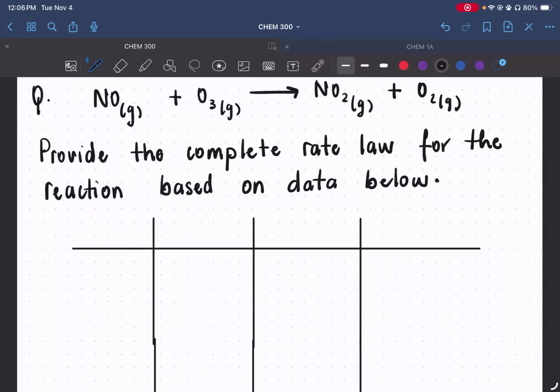The headings for the columns are as follows. In the first column, we have trial. In the second column, we have the concentration of NO. Third, the concentration of O3. And in the fourth, we have the rate.